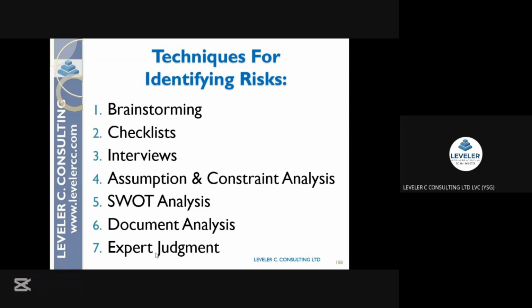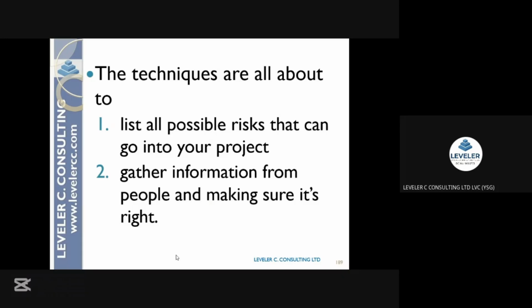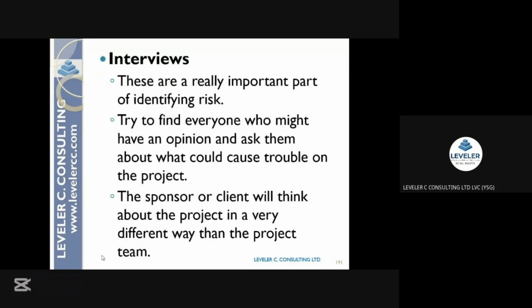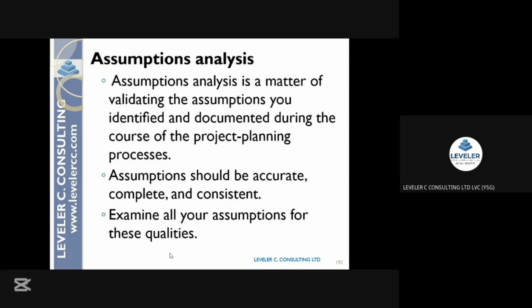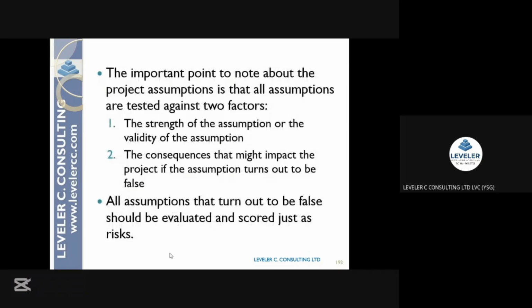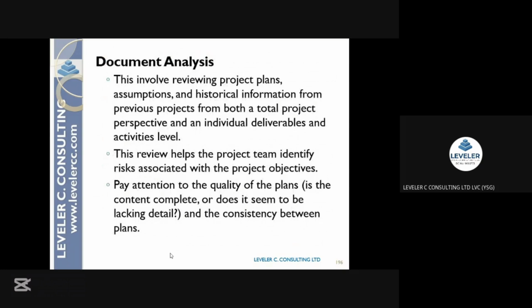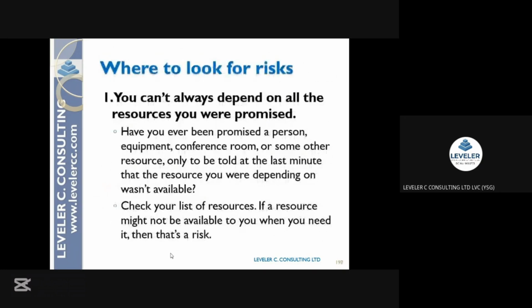Then you can do an interview, you can do assumption and constraint analysis, you can do SWOT analysis, strengths, weaknesses, opportunities, and threats on your project. You can also do document analysis. Then, of course, you do what we call expert judgment.